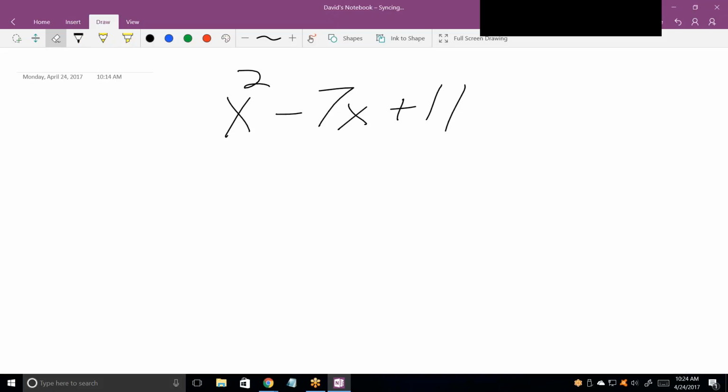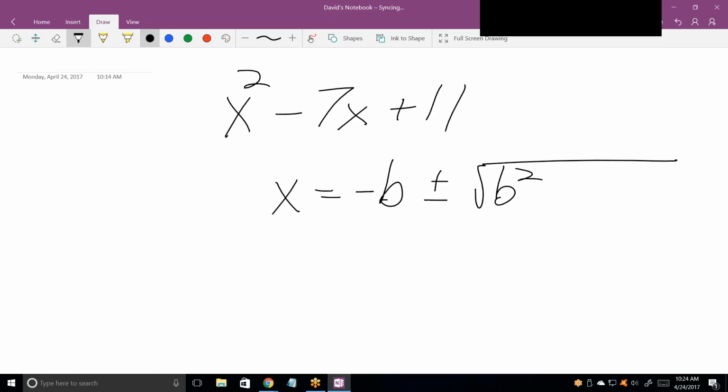I am not going to be able to find factors of 11 that add to the number 7. They don't exist. So what's the alternative now? Quadratic formula. If you don't have this memorized, you want to memorize it. You definitely are going to need it for college algebra.